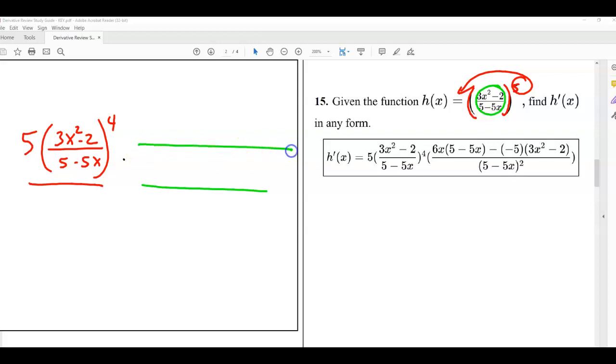So it's going to be low d high minus high d low, draw a line, and square below. And there you go.